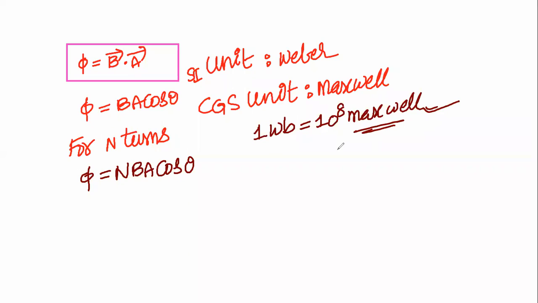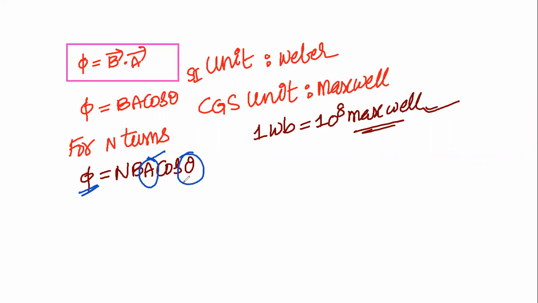Fine. So this magnetic flux changes with the number of turns, with the magnetic induction, and with the area of the coil also. It also depends on the angle between the magnetic field and the normal.